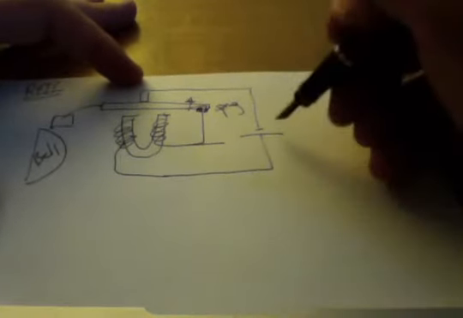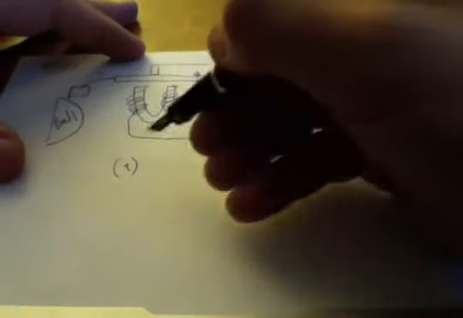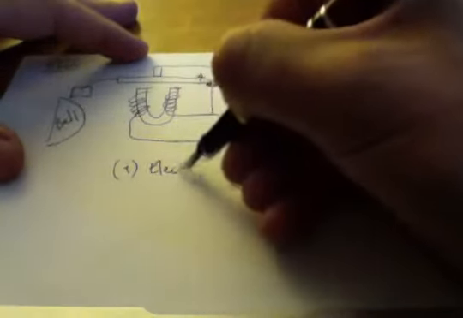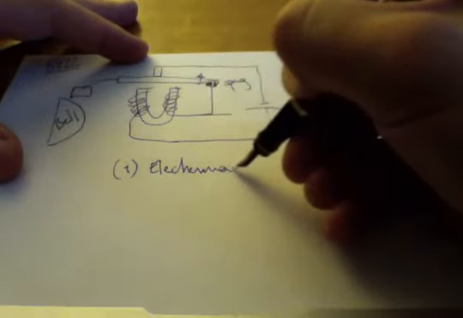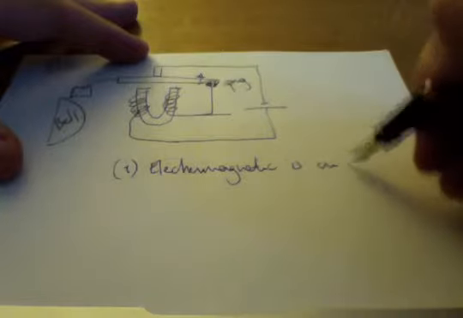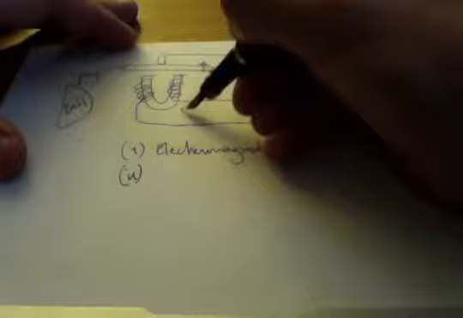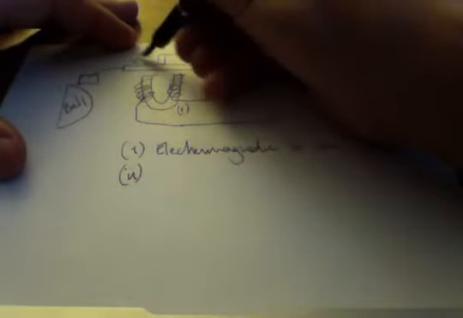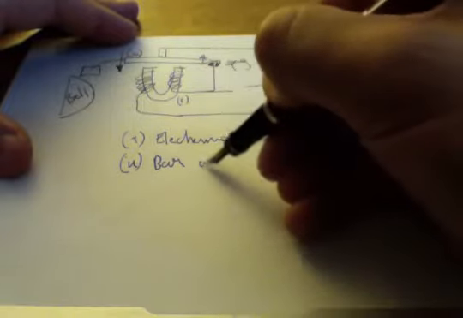Okay, now, when the battery is connected, we have a strong electromagnet. So point 1 is that the electromagnet is on. Okay, when it's on, the bar is attracted. So bar attracted.